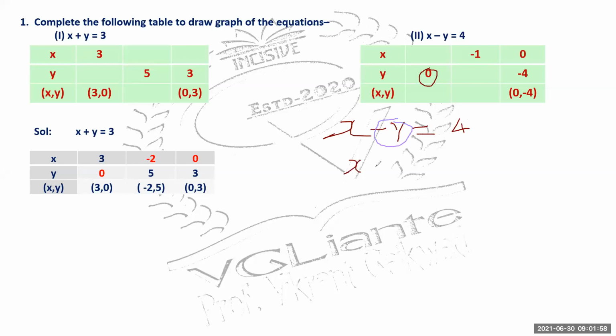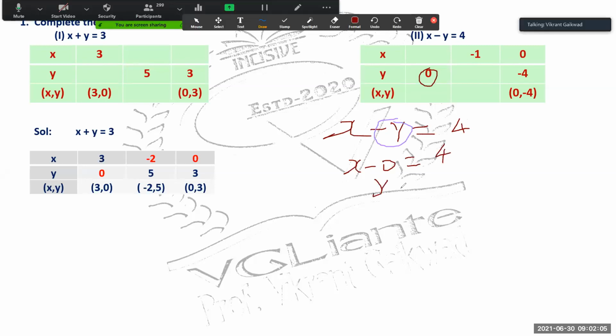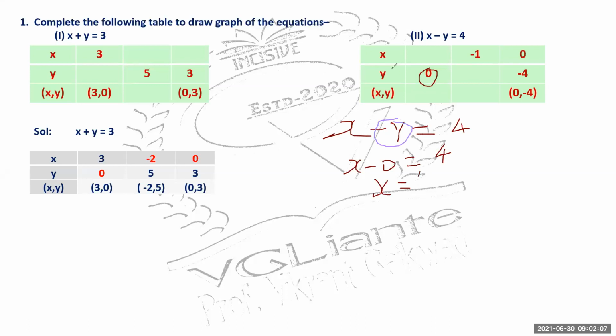So x minus 0 equals to 4. So directly you will get the value of x equals to 4. So this is 4 comma 0, x comma y. Is this clear?